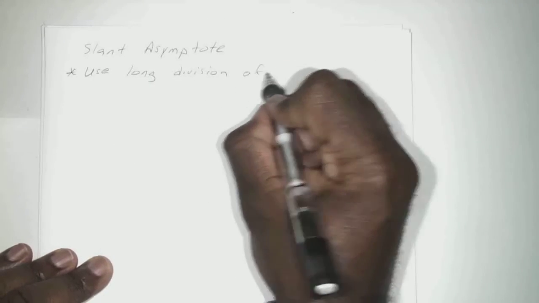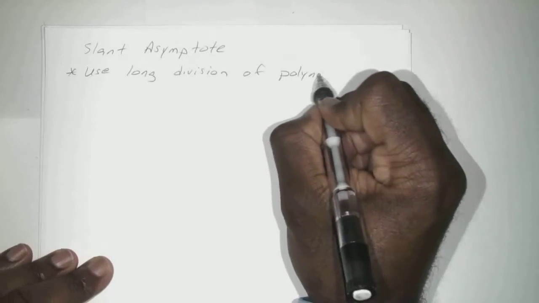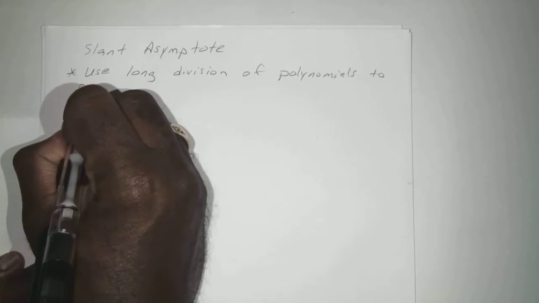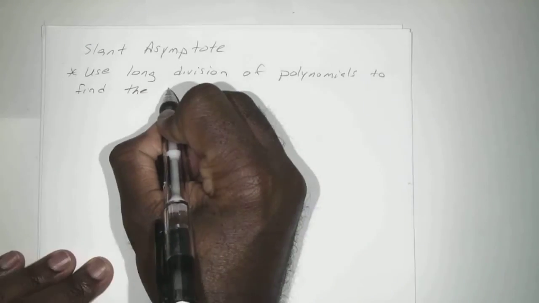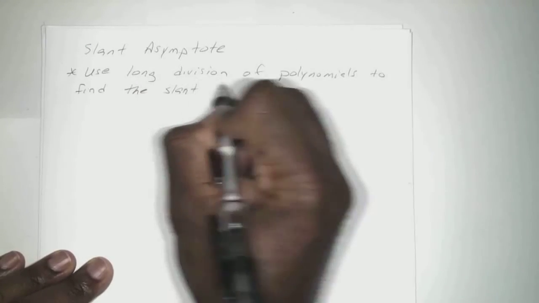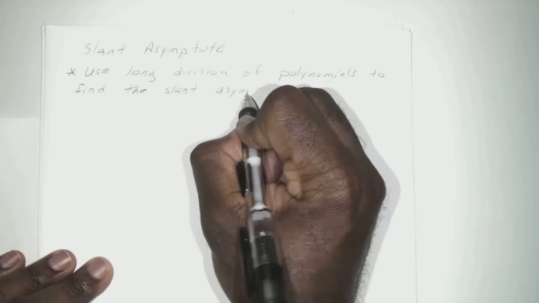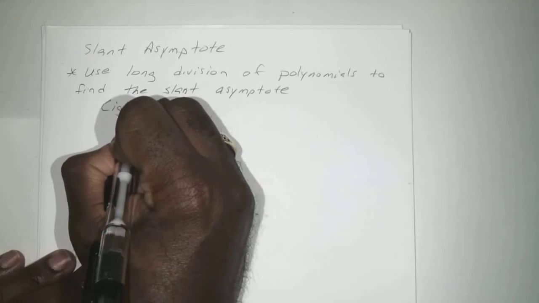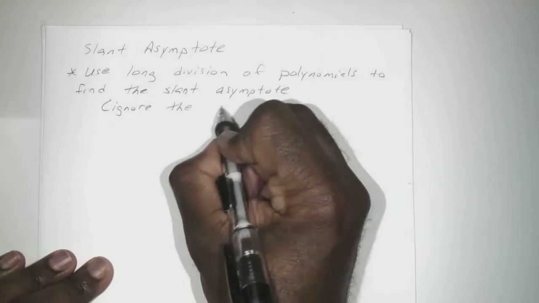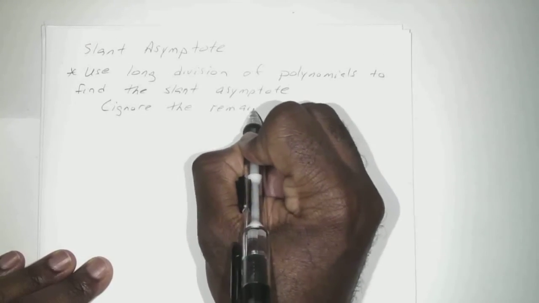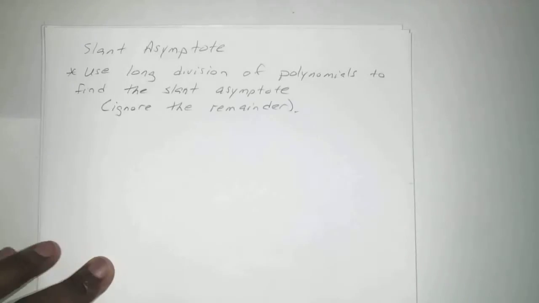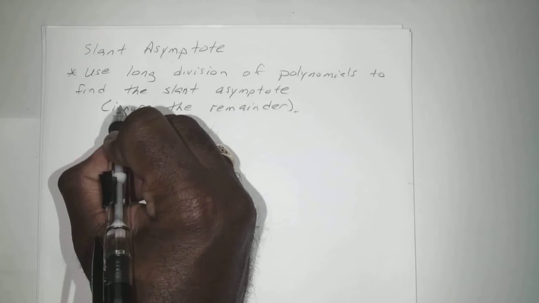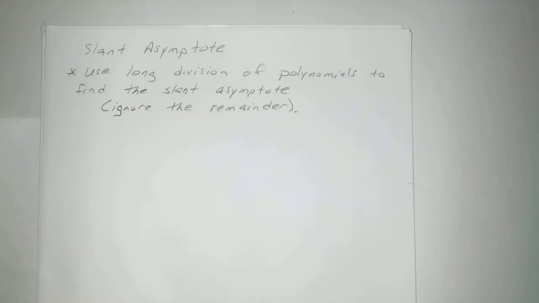Use long division of polynomials. Find the slant asymptote. And ignore the remainder. Kind of clean up that a little bit.